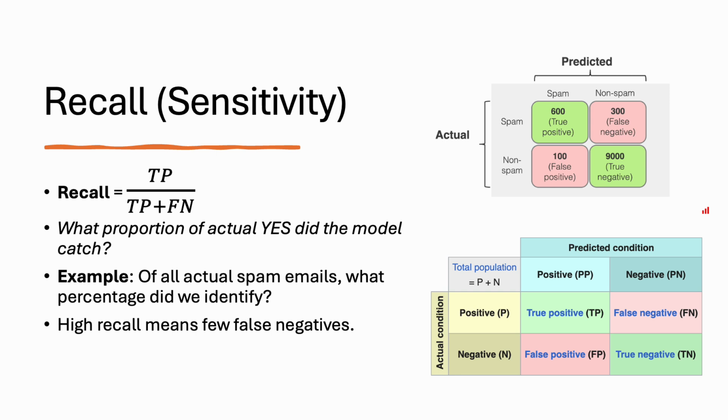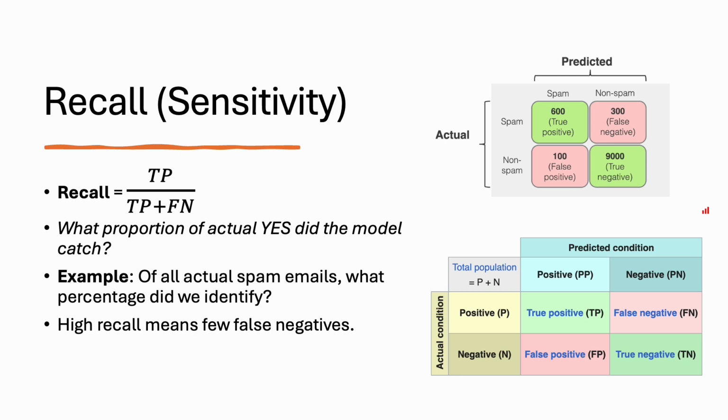What it does is give the proportion of actual yes values the model caught, so how many actual positive values the model detected. And here we need to remember that high recall means few false negatives.